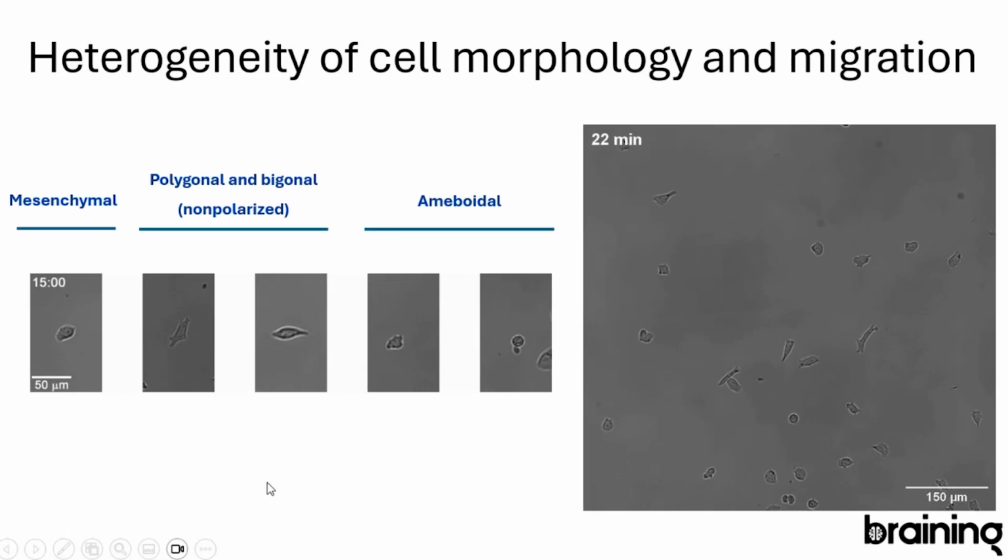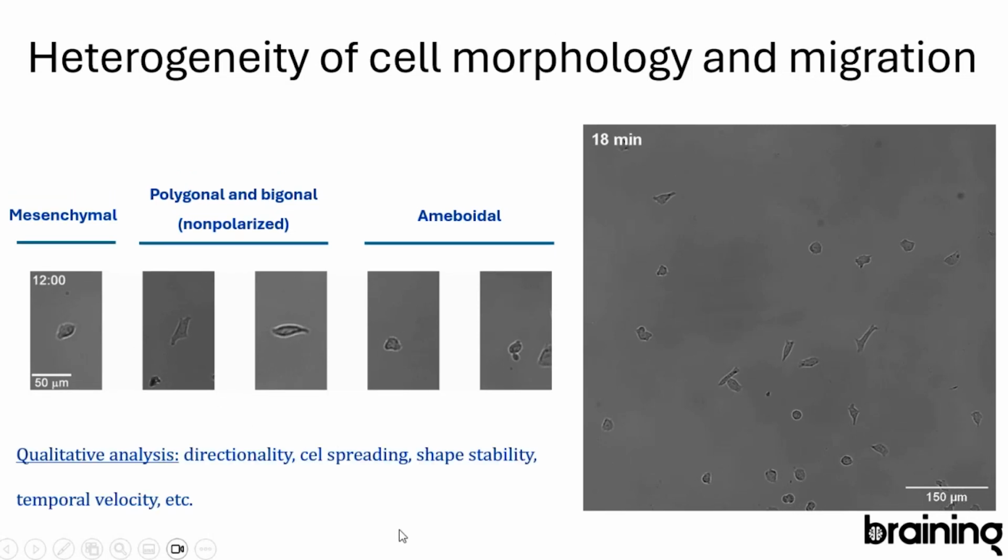So what is the result? When we look at our images, we could divide the cell morphology types into 3 categories: mesenchymal, polygonal and bigonal, and amoeboidal. And this is really nice, how we can categorize those apparently very disorganized events into 3 classes. What we were going to do is a quantitative analysis of the parameters of those migrating cells.